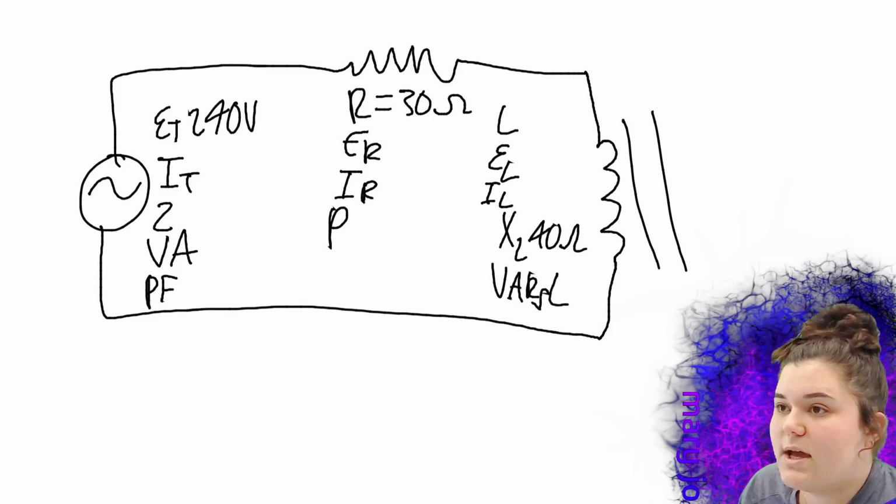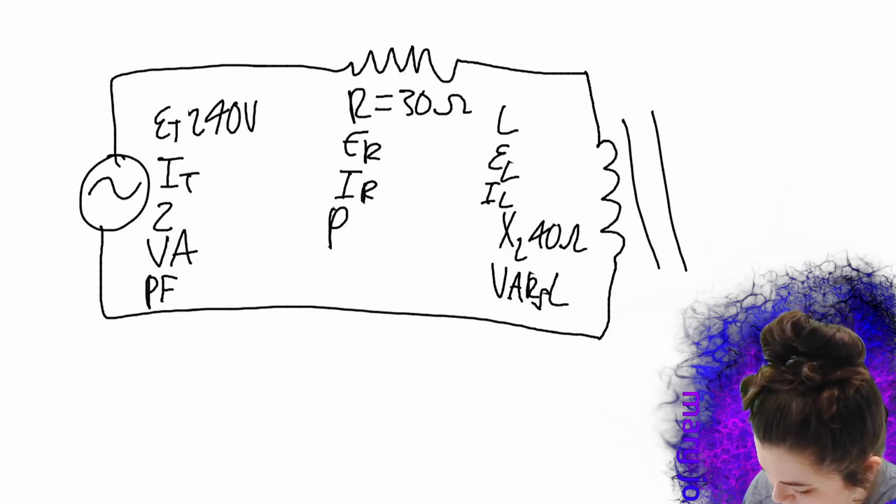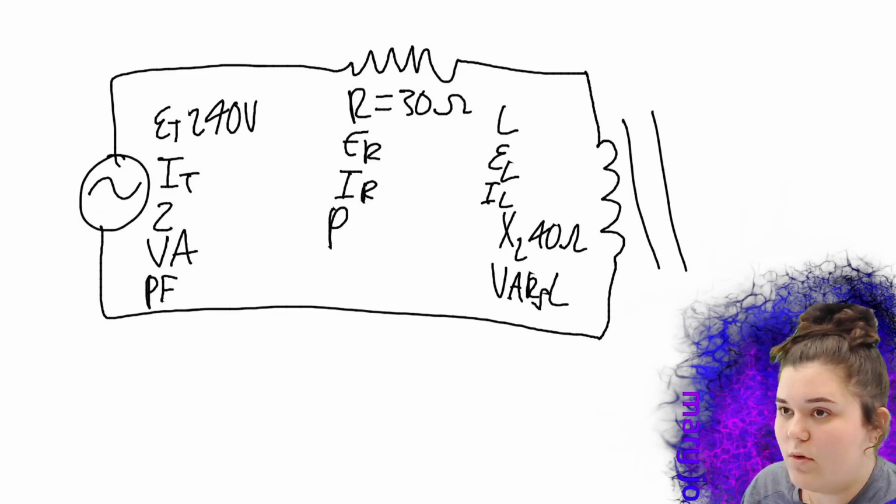So these are going to be asking you a lot more questions, and you're just going to have to work through them with the formulas that you're given. So this is just an example of what one may look like.